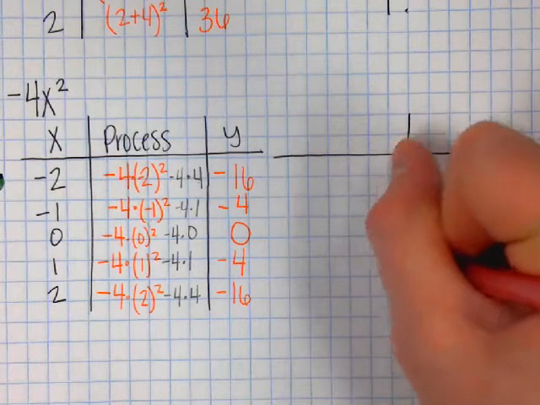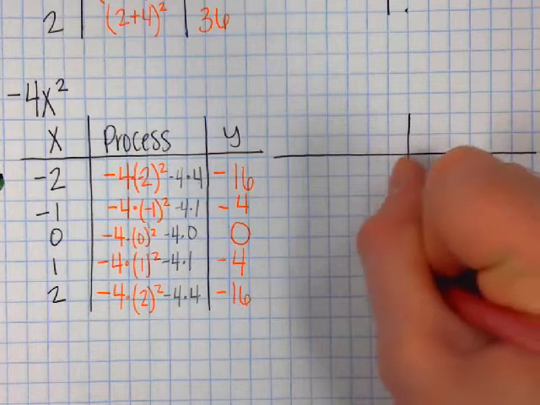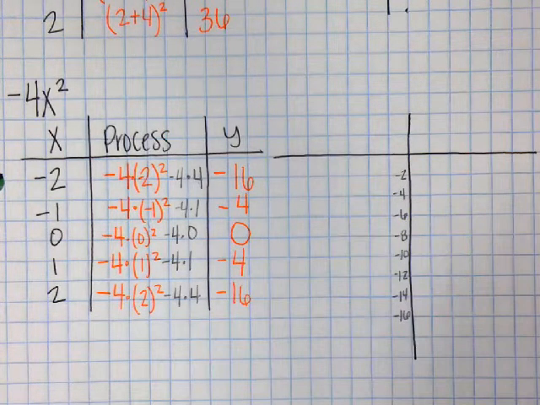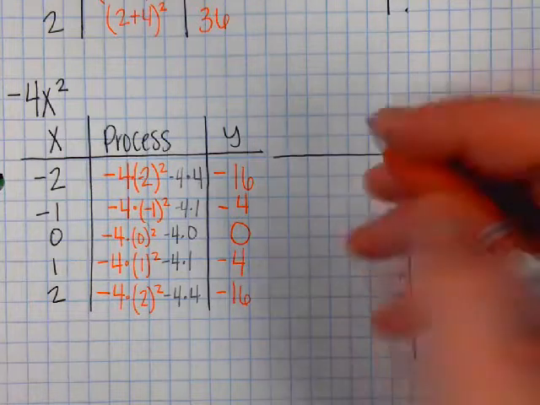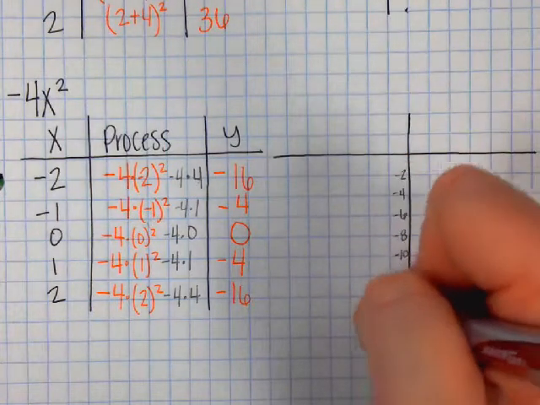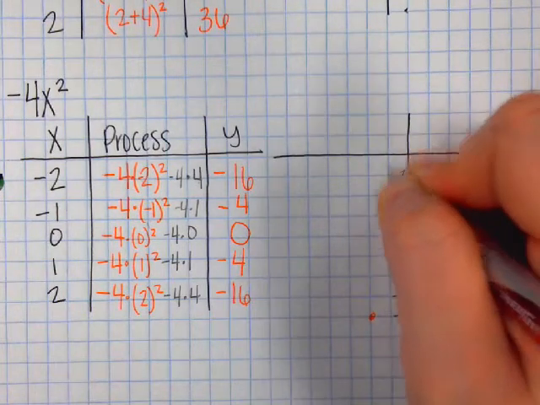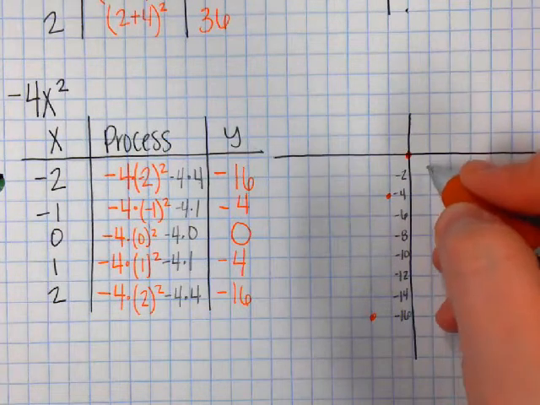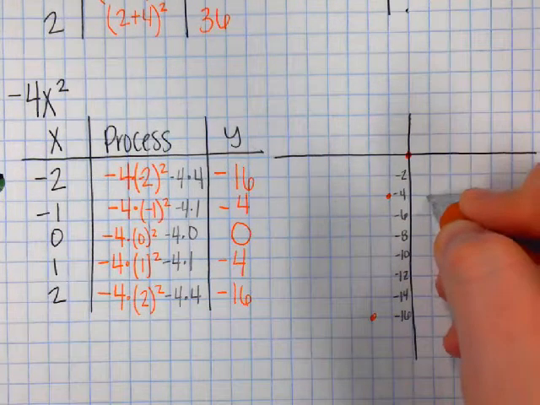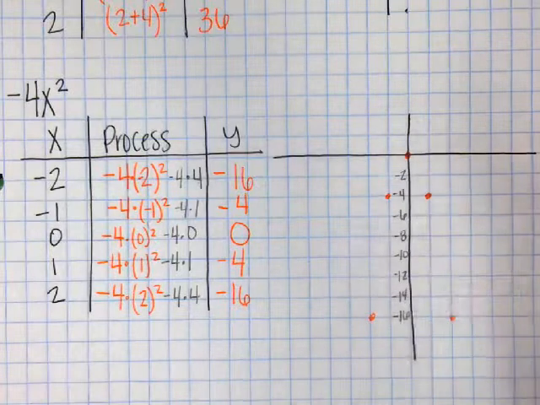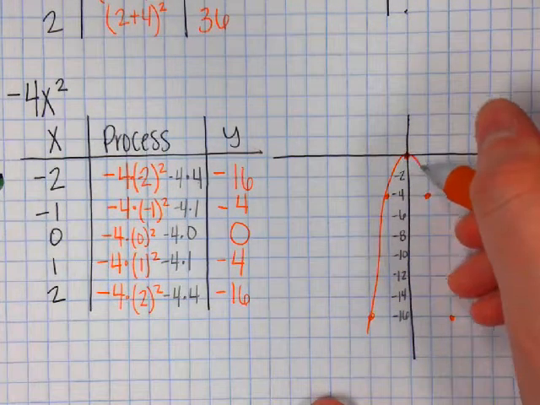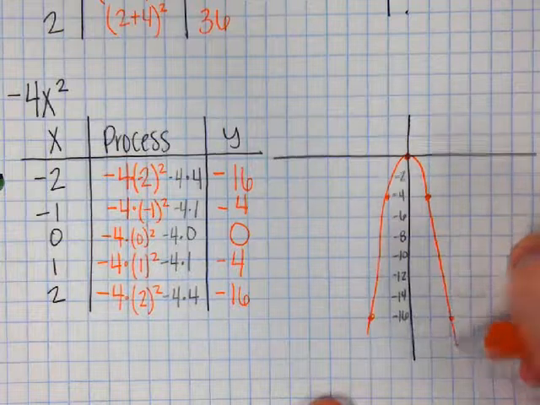And then since it's getting to 16, I'm going to go by 2's. So negative 2, negative 4, negative 6, negative 8, negative 10, negative 12, negative 14, negative 16. Okay, so negative 2, negative 16, negative 1, negative 4, 0, 0, 1, negative 4, and 2, negative 16.